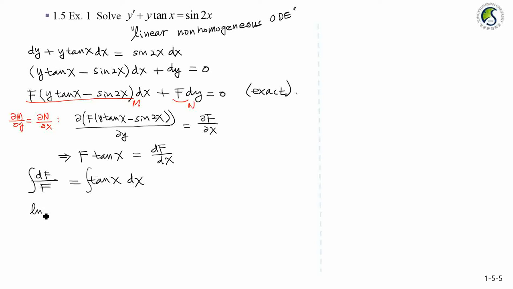From the integration table, this is ln f, and this is minus ln cosine x plus c star, the integral constant. If you take an exponential on both sides, we get f equals e to the minus ln cosine x, so it's 1 over cosine x, a secant x, times c.